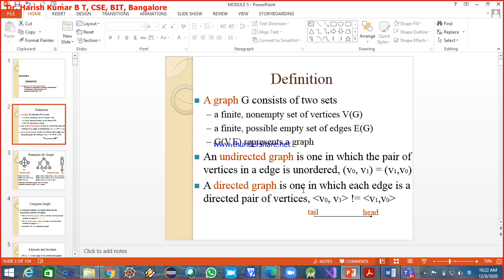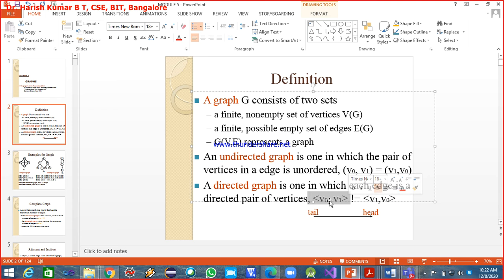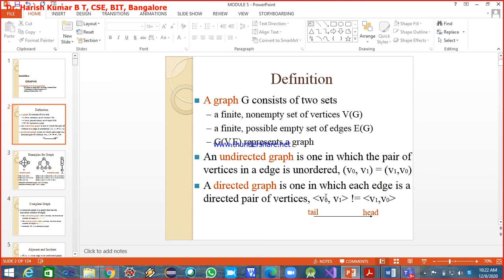Next, a directed graph is one in which the edge is a directed pair of vertices. How do we write the pair of vertices inside a directed graph? You use the less than symbol and the greater than symbol, and inside that you write the pair. Unordered pairs use the small parentheses.